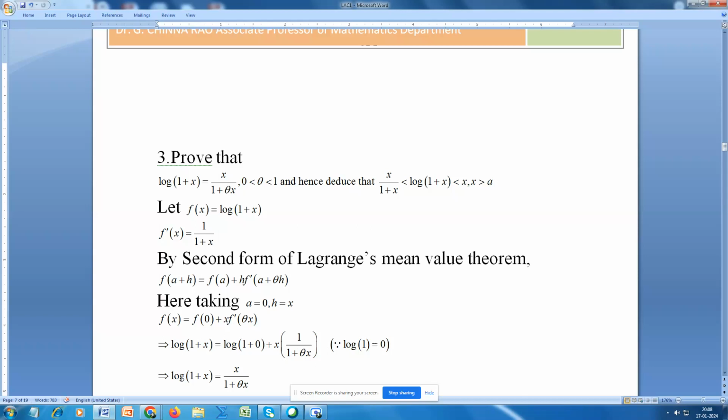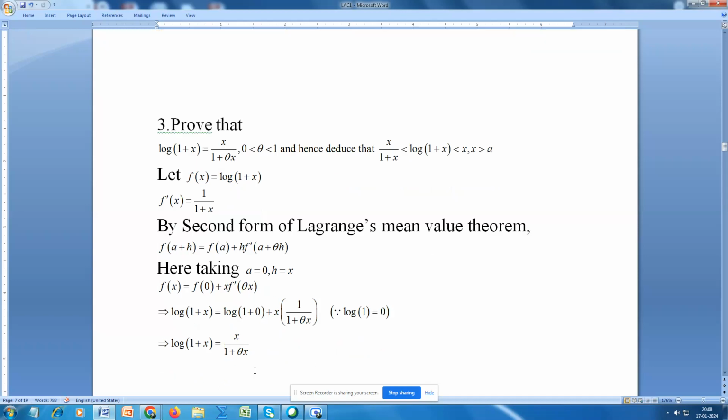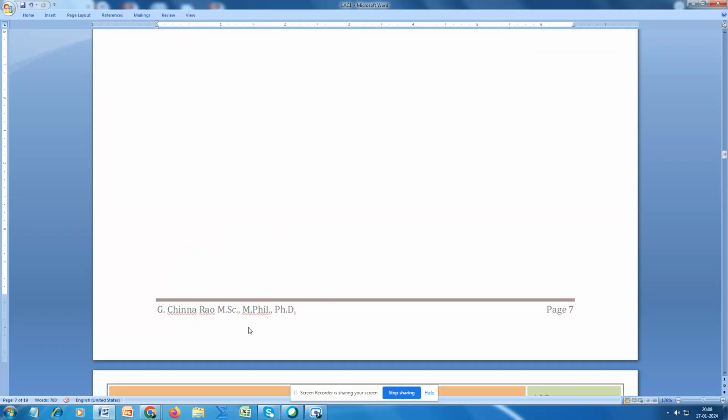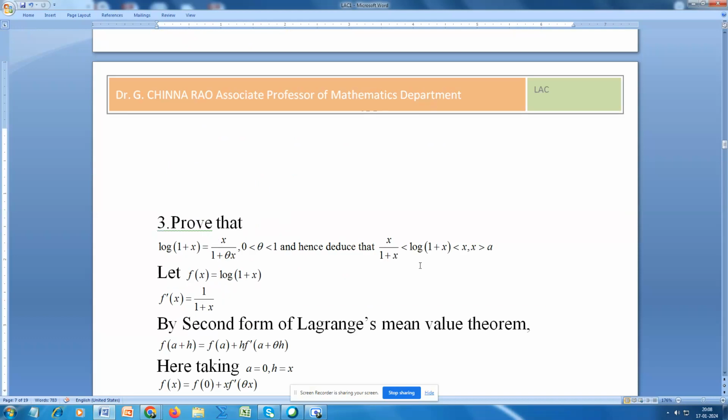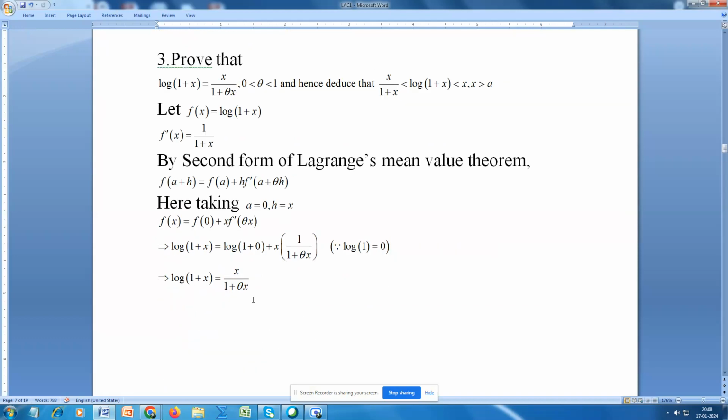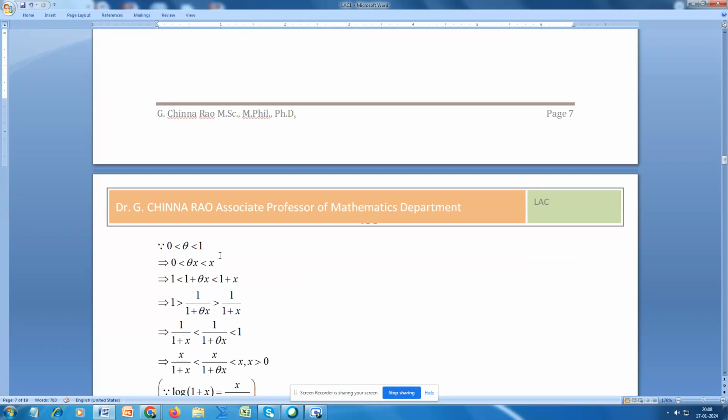So we proved log(1 + x) = x/(1 + θx), where θ lies between 0 and 1.